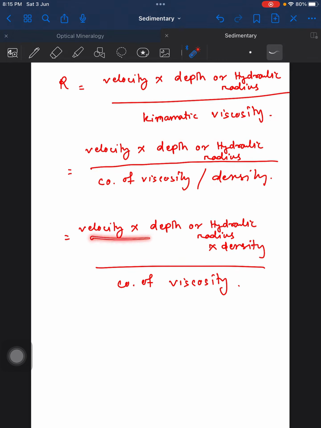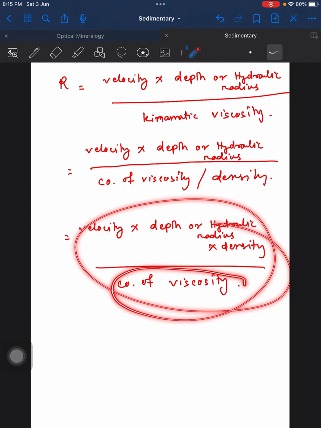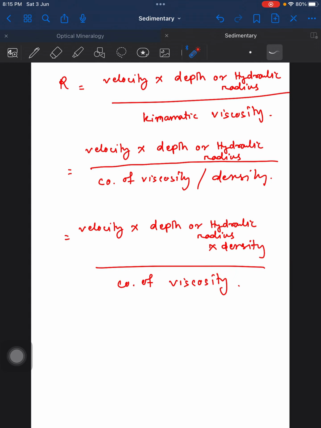So the density, which was in the denominator of the denominator, goes up into the numerator. So this is the final formula: Re = ρ V L / μ, the density times velocity times length divided by the coefficient of viscosity. This is the Reynolds number.